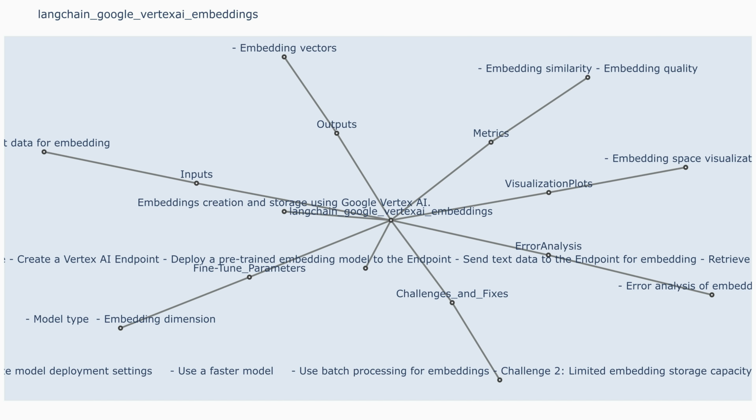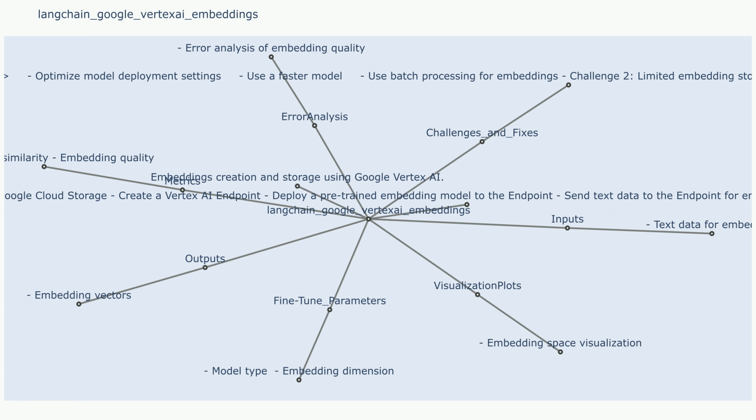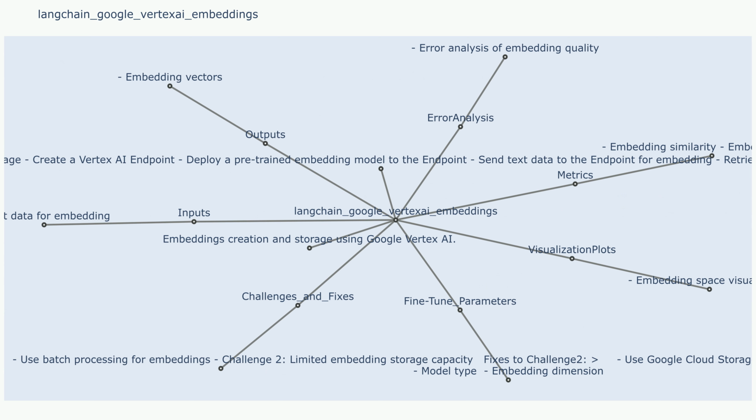Description: explain in detail. The Langchain Google Vertex embeddings are a powerful tool that leverages Google Vertex AI to generate dense vector representations of text data. These embeddings can be used for a variety of downstream tasks, such as semantic search, text classification, and recommendation systems.